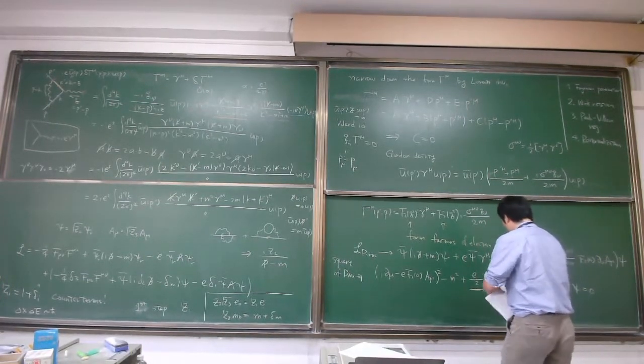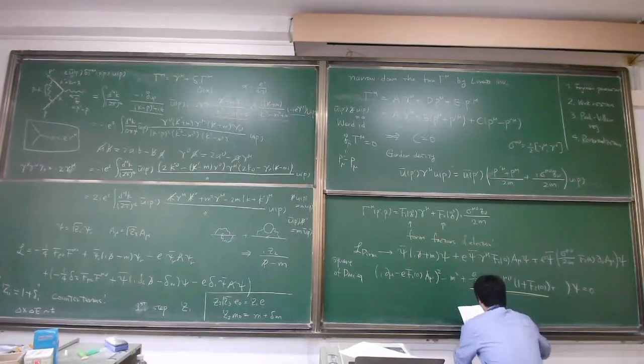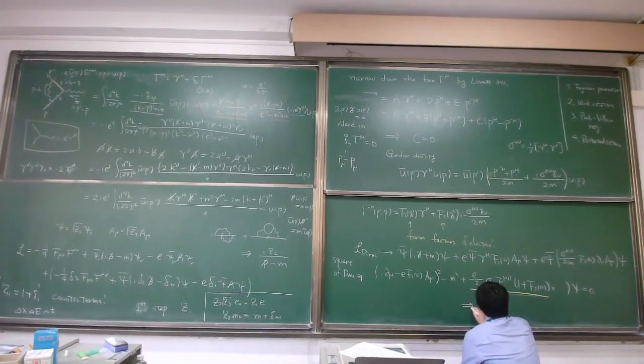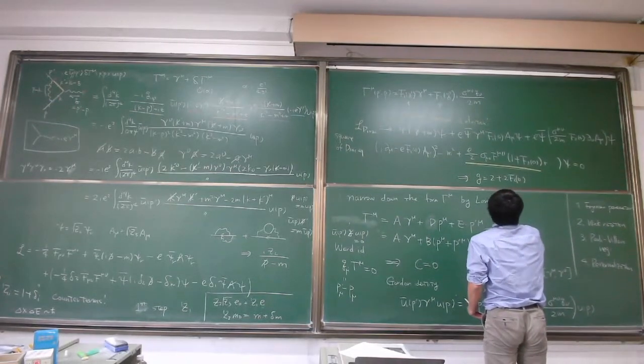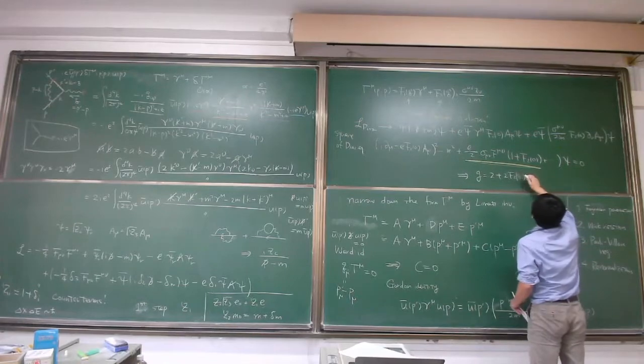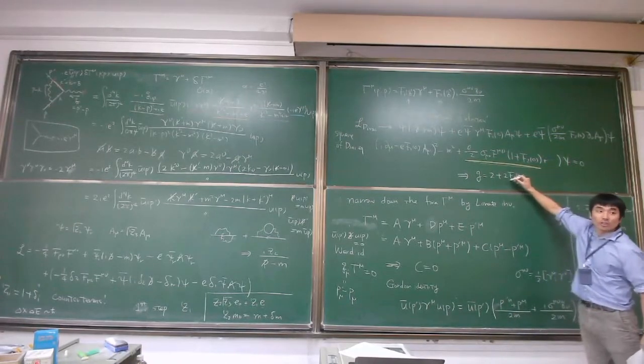This will give you g equal to 2 plus 2F2(0). So this is a correction to the anomalous magnetic moment.